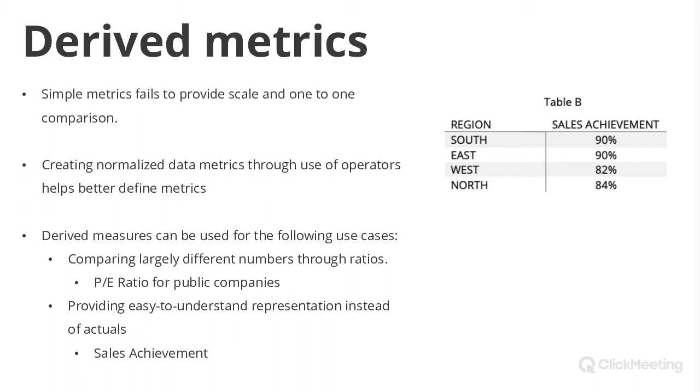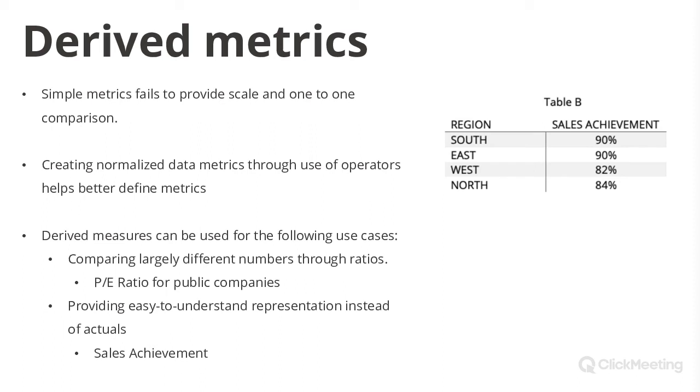I still know South was able to achieve 90% of their target, whereas West was able to achieve 82% of the target. So creating these normalized metrics from your simple metrics helps you tell a clear story and helps you compare different departments or different metrics side by side, which you may not have been able to compare straight away.